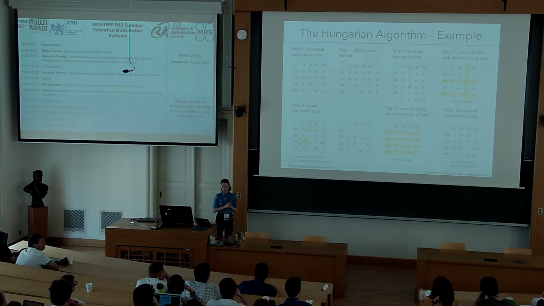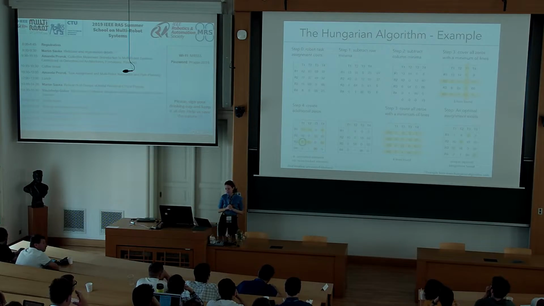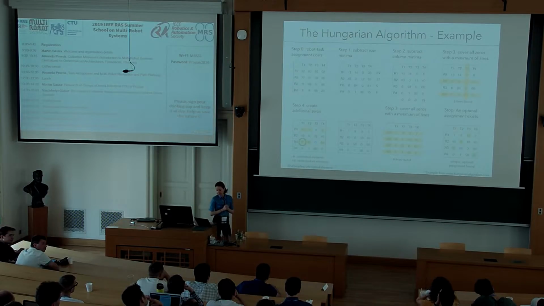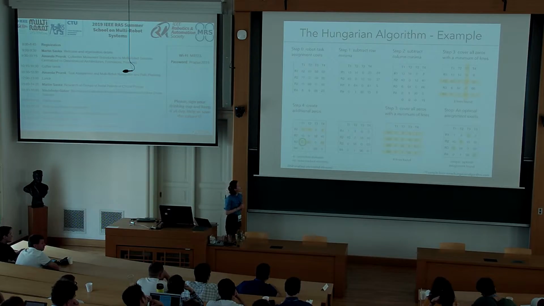I'm going to start by subtracting the row minima from all the rows in this matrix at step 1. From row 1, I'm going to subtract the minimum, which is 69. From row 2, I'm going to subtract 37, etc. And I do the same for the columns in step 2.